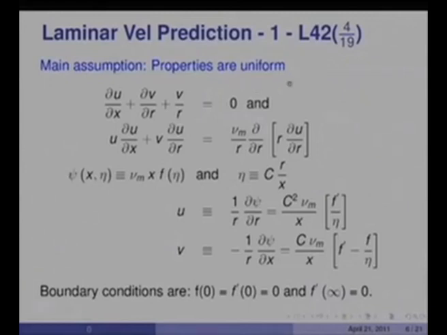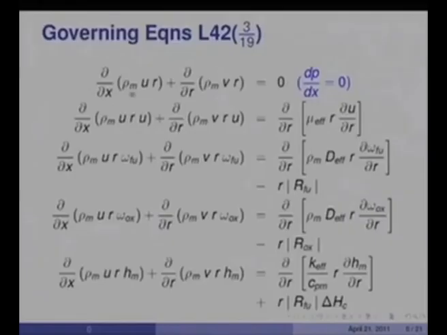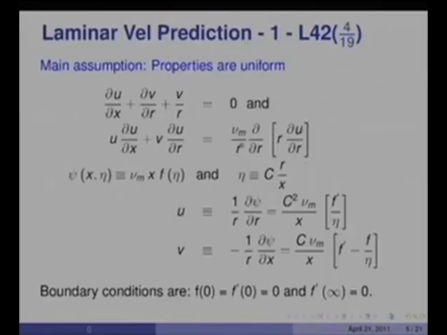Then you will see that all these rho_m's will come out, and so would mu. I am now taking laminar flow. Therefore, you have nu_m by r d by dr of r du by dr as the diffusion term. This is the convection term. The continuity equation would look like this.